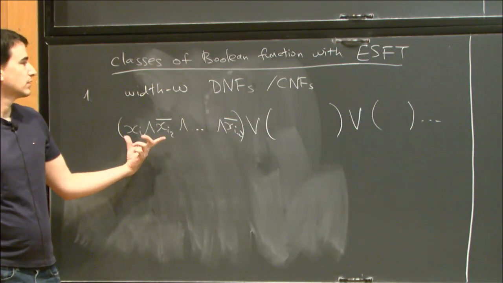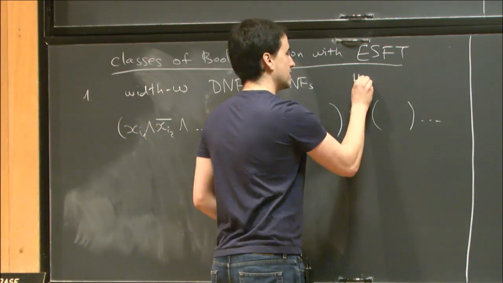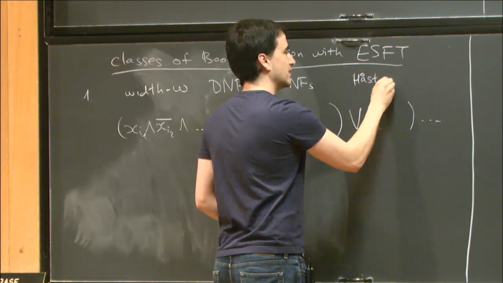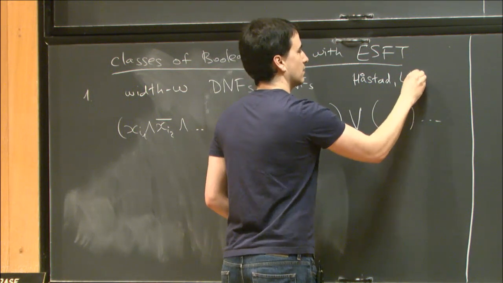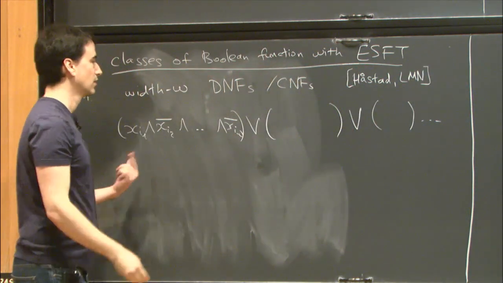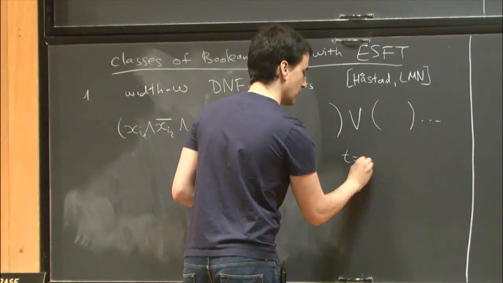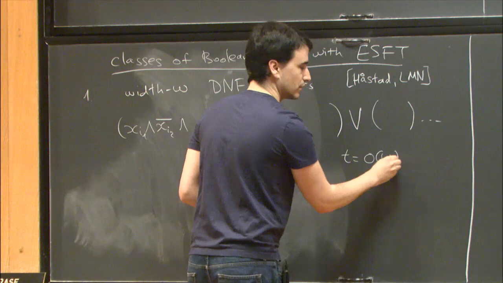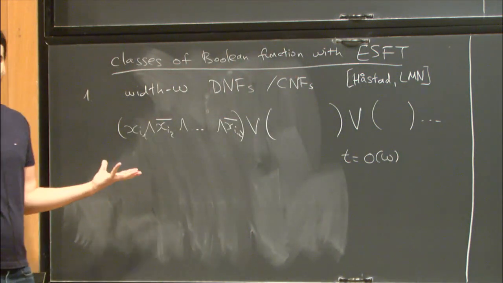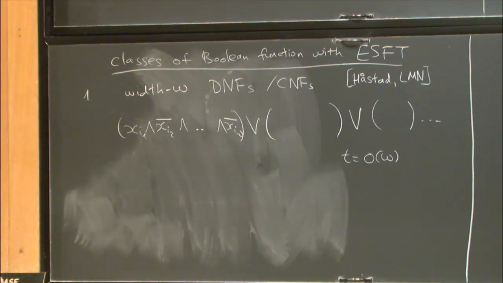Hastad, and then later Linial, Mansour, and Nisan showed that for this class of Boolean functions, you have exponentially small Fourier tails where t equals a constant times w. So there is no dependency on n, and no dependency on the number of clauses. This is what is called the switching lemma.